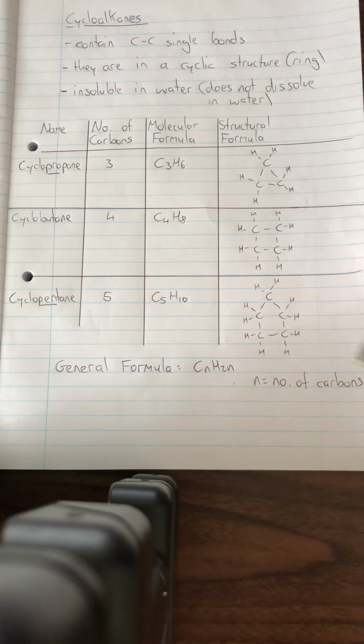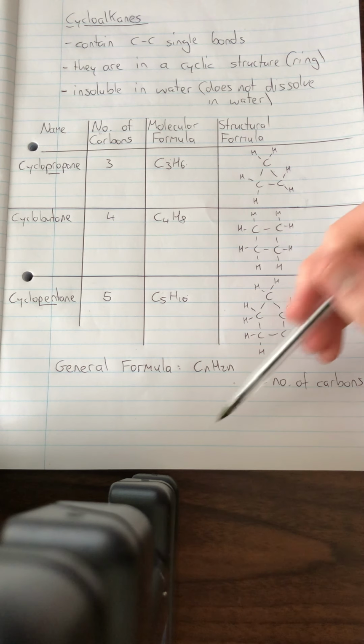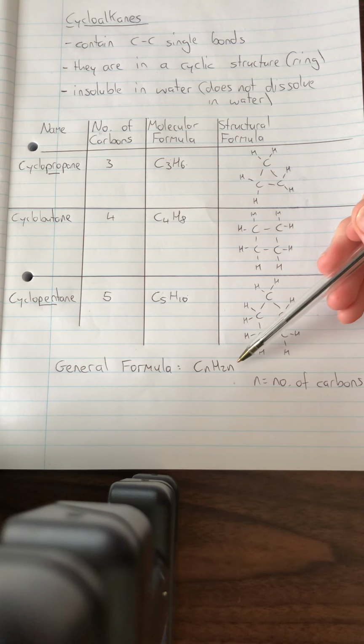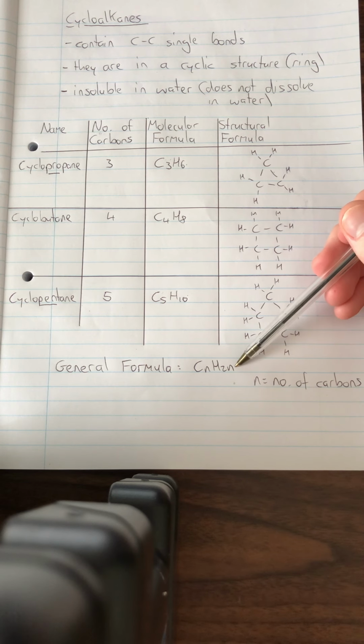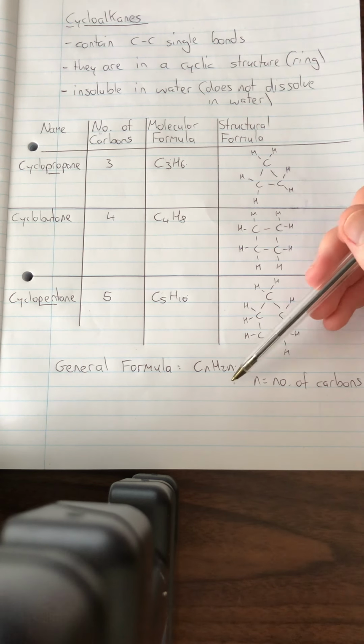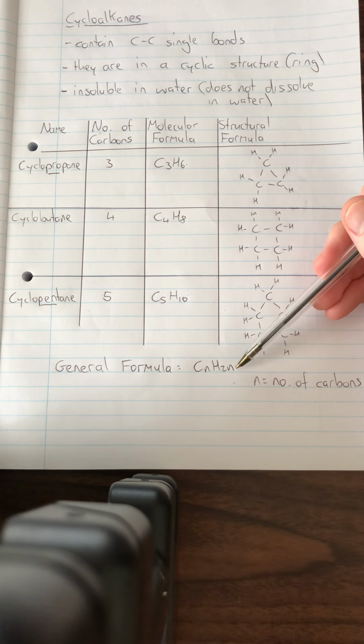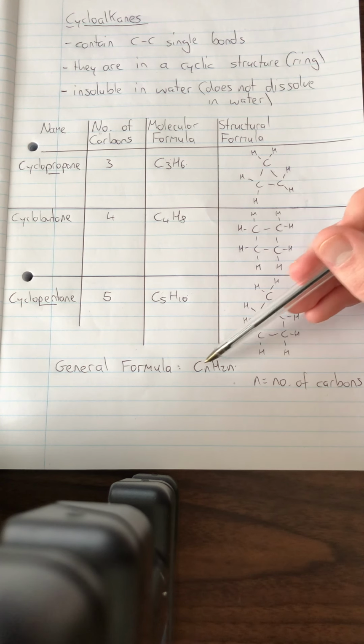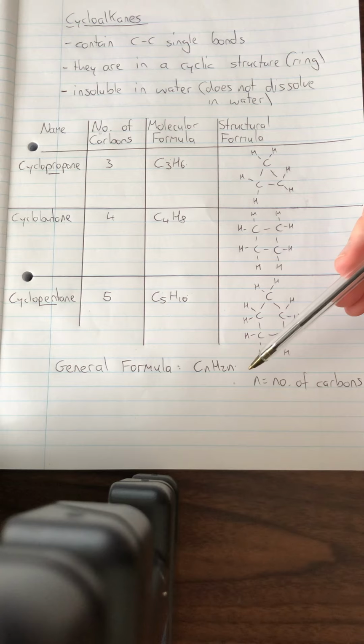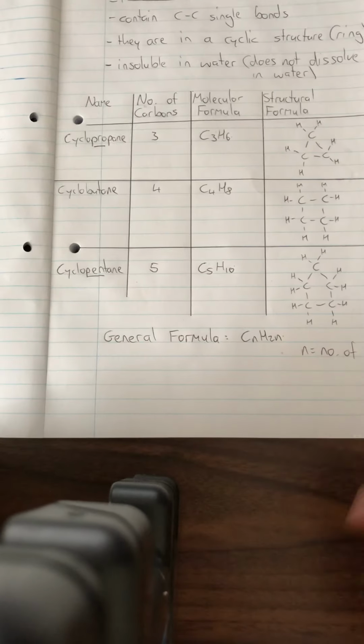So we're bringing in another general formula that you need to learn. You need to know that the alkanes are CnH2n+2, and the cycloalkanes are CnH2n. Now, last wee bit.